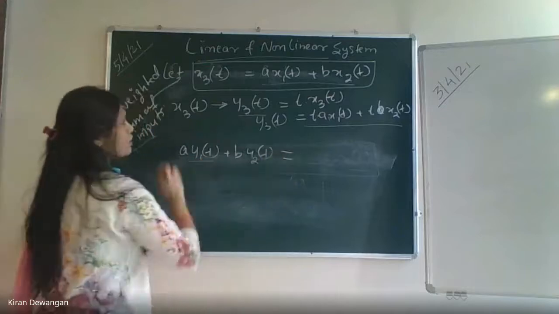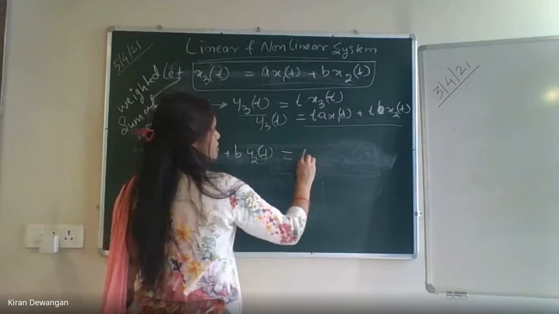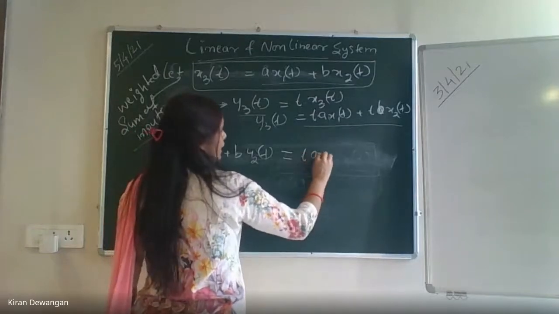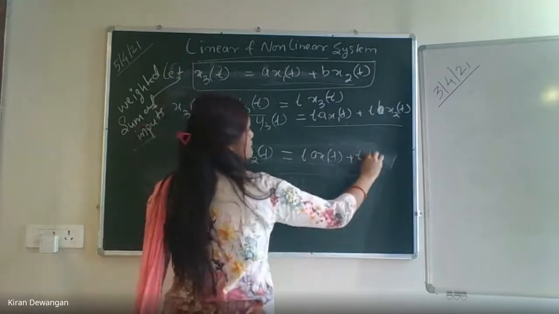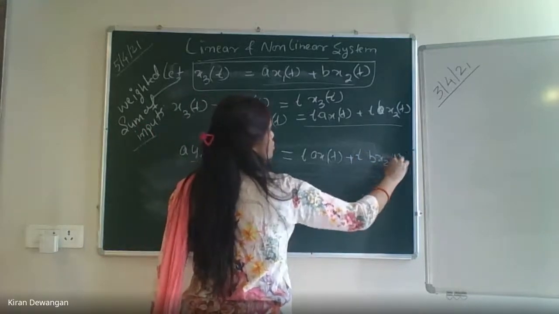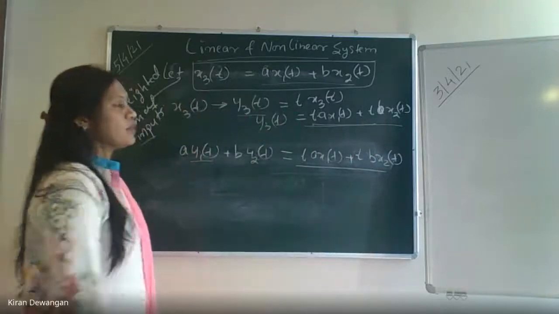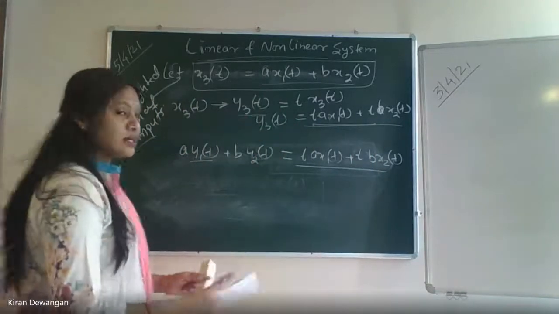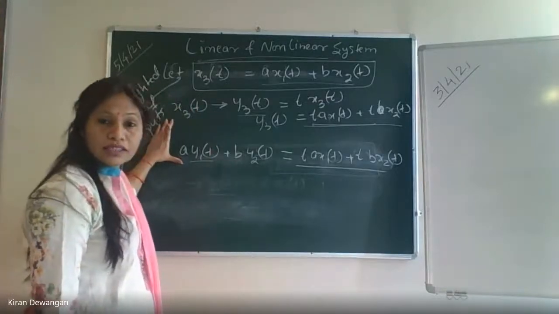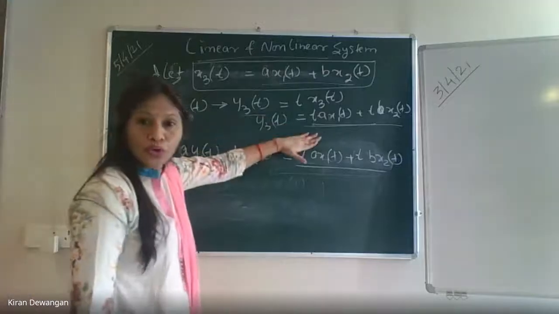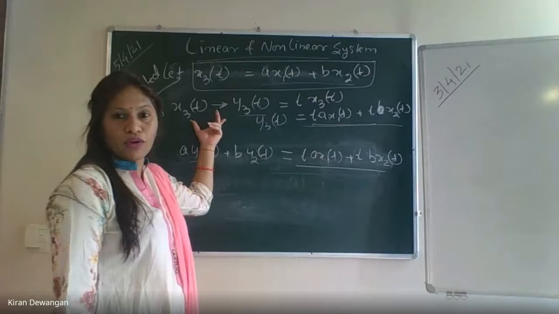What was my y1(t)? y1(t) was t x1(t), right? So that becomes t times a x1(t) plus t times b x2(t). Now these two are coming out exactly the same. So that is what I mean to say. Here we have to check by applying these conditions. This is the output due to my weighted sum of input.